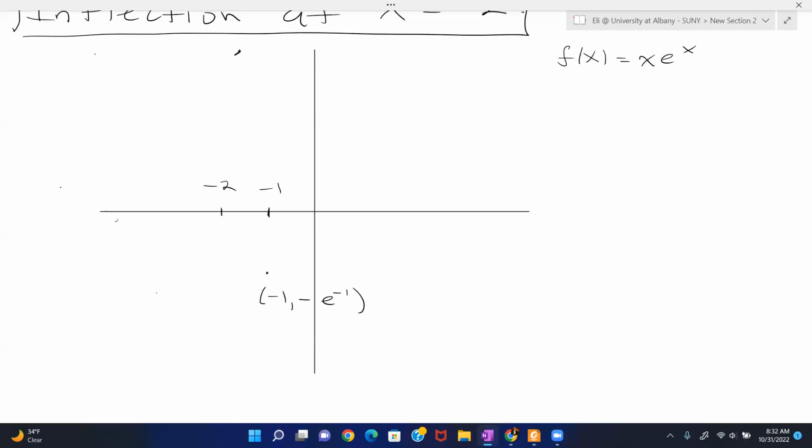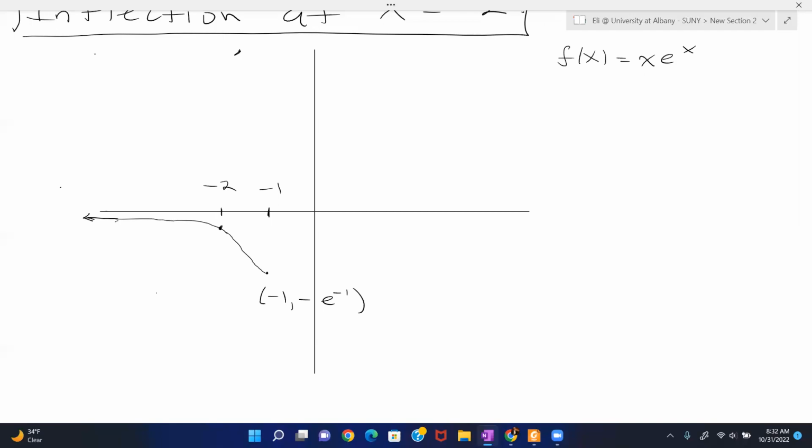As I said, when x goes to negative infinity, you get close to the line. You're concave up, and then you're concave down, still concave down. So you have this change in inflection here.